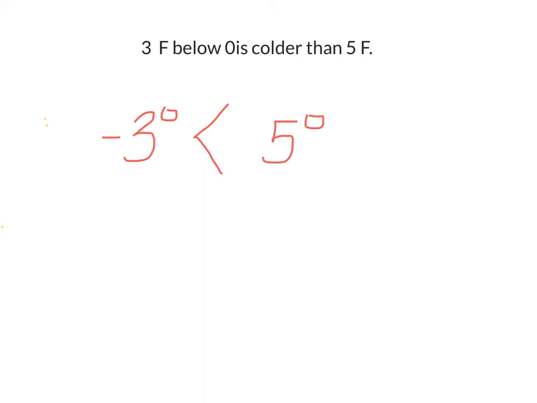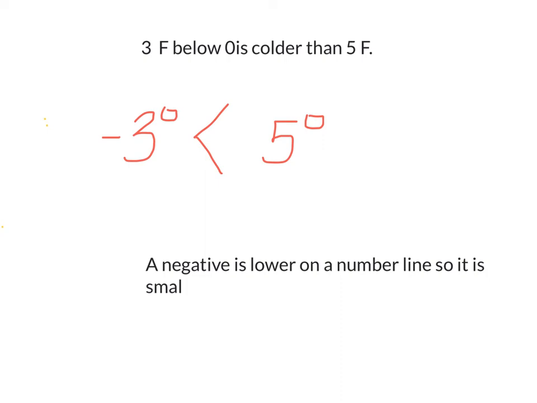And for our reasoning, we could write a negative is lower on a number line. So it is smaller or has a lower value than a positive number. And there you go.